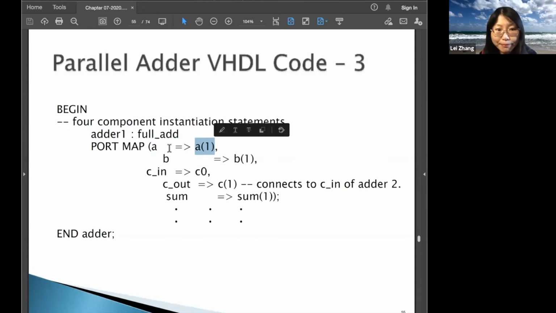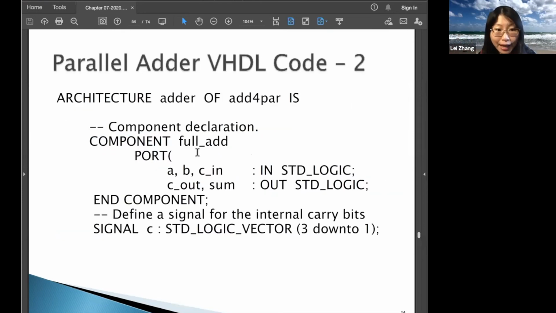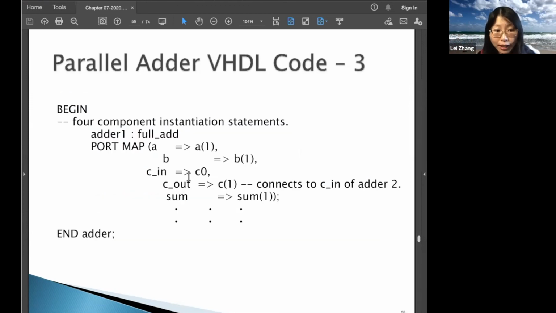So what does that mean? This first A is a port name of the component. It has to be the same as the one you defined in the component, the first A before the assignment symbol. And the second A is completely different.